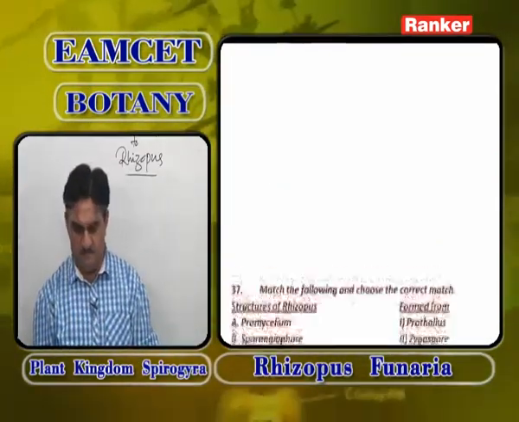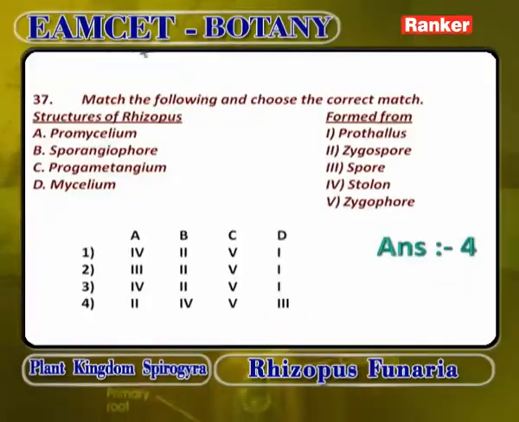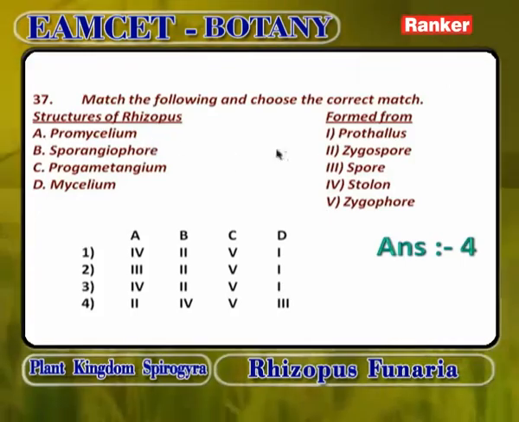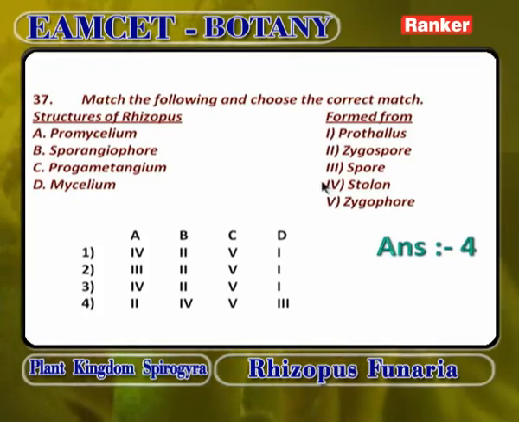Next. Match the following and choose the correct match. Structure of Rhizopus: promycelium, sporangiophore, progametangium, mycelium. Formed from: prothallus, zygospore, spore, stolon, zygophore. For this, A2, promycelium comes from zygospore. B4, sporangiophore comes at the base or from the stolon.